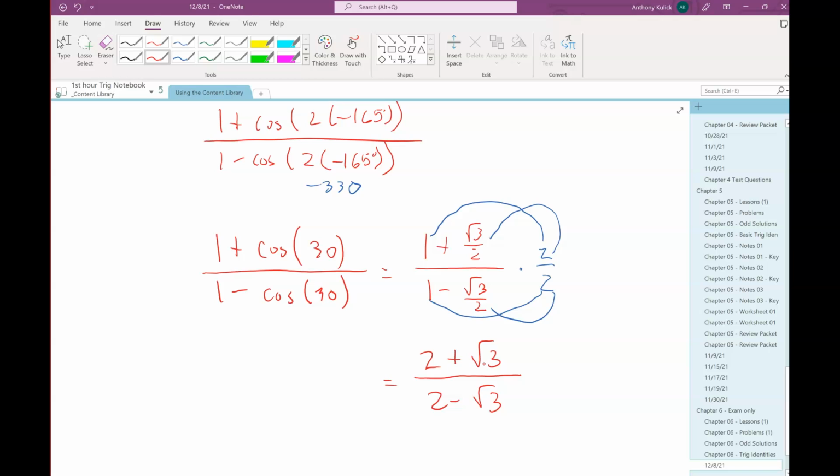So instead of just multiplying the top and bottom by root 3, that's not going to do it. We have to multiply the top and bottom of this fraction by the conjugate of 2 minus root 3. If you remember, the conjugate means just the same thing with the opposite sign in the middle. So we're going to multiply the top and bottom by 2 plus root 3.